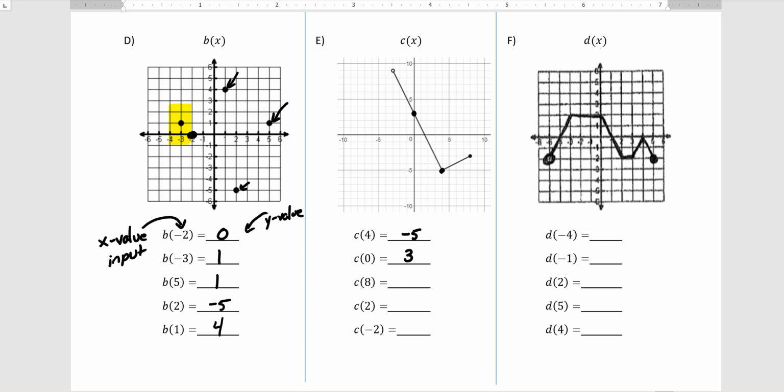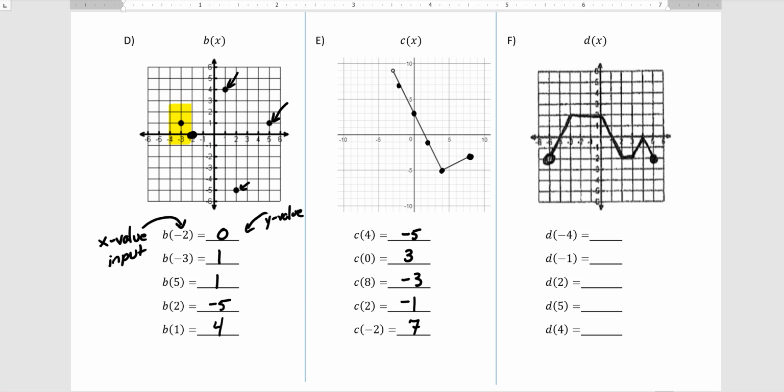When x is 8, y is, that looks like negative 3. C of 2. All right, when x is 2, y, I'd call that negative 1. C of negative 2. When x is negative 2, y is, let's see, what would that be? 7? There we go.